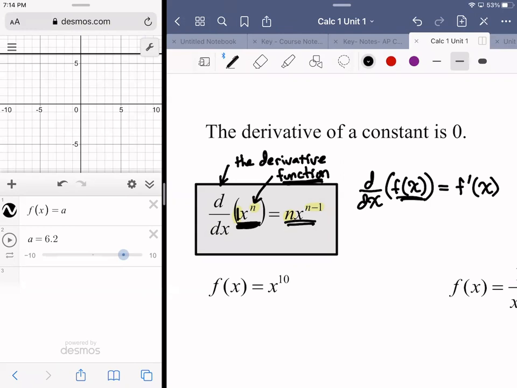Now that d dx, yeah, it means the derivative, but it also means with respect to x, which has been a source of confusion for decades, centuries for students, because it's like, with respect to, what the hell does that mean? It just means that the relevant variable within the function is x.